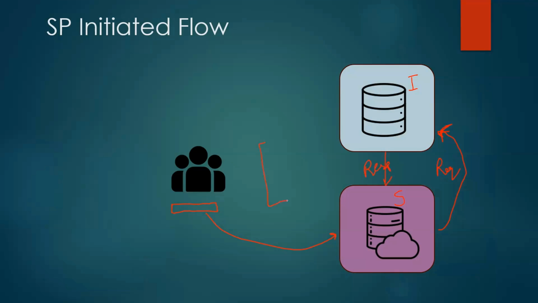Okay, now the assertion has mainly three different things: authentication, attribute, and authorization. Authentication means it will have things like the entity ID, ACS URL, all of that. Attribute has the email address, first name, last name, whatever was requested, it'll have every piece of information there.